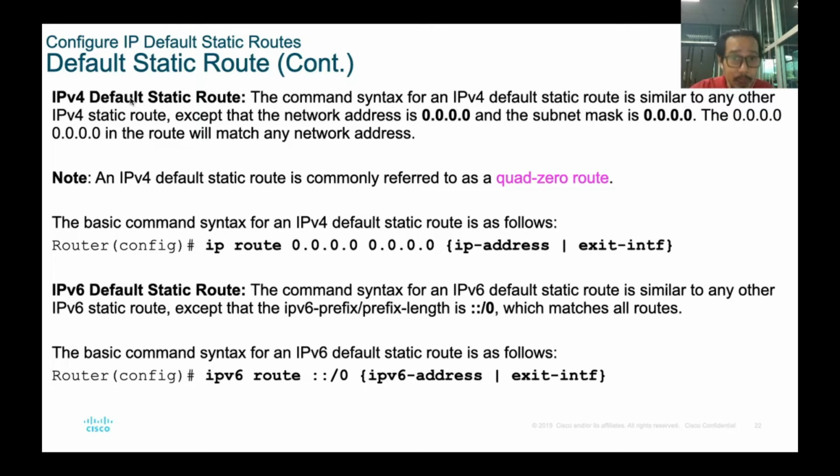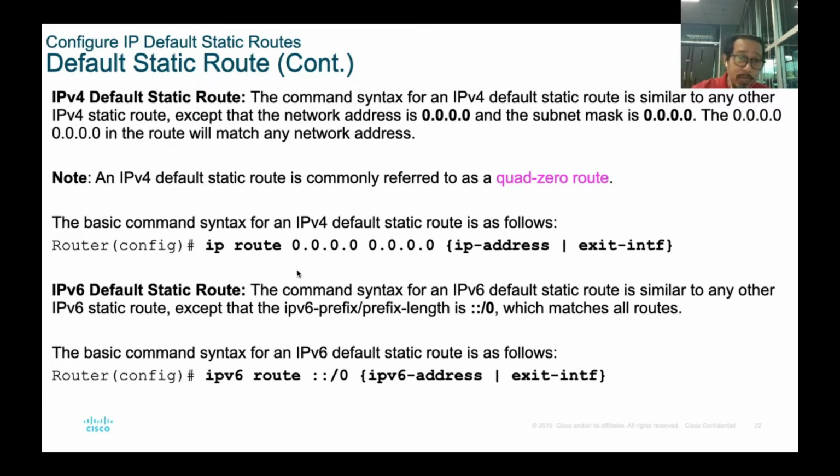But the network is quite different because we call it a summary of all other networks. I call it the quad 0 route. The network ID will be 0.0.0.0 and the subnet mask is 0.0.0.0.